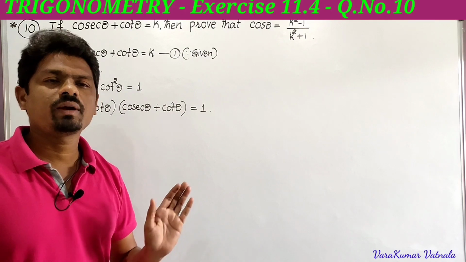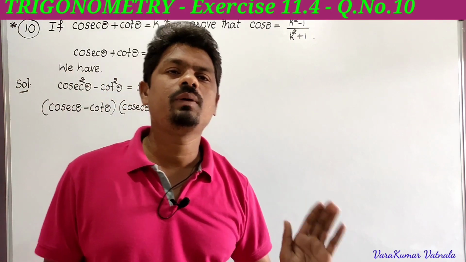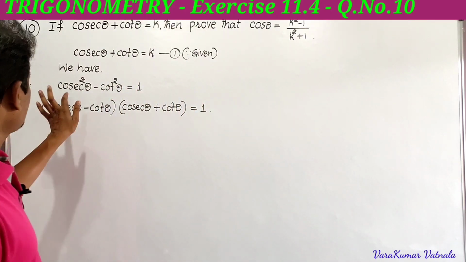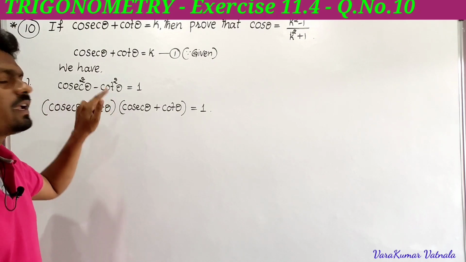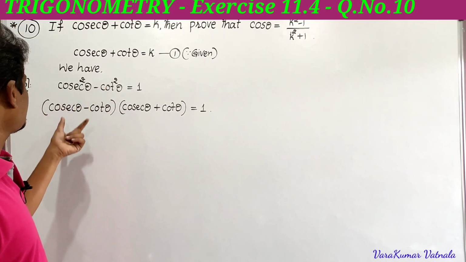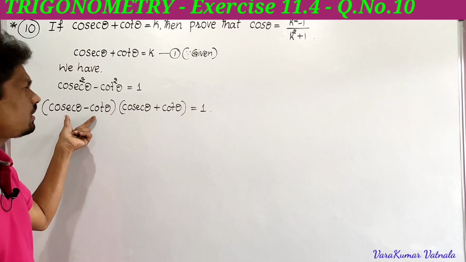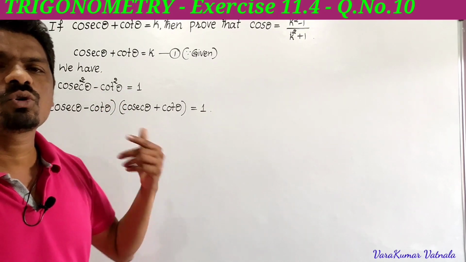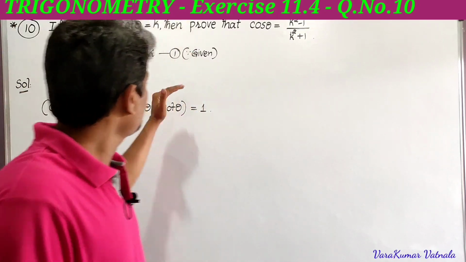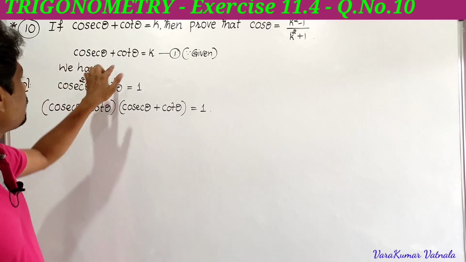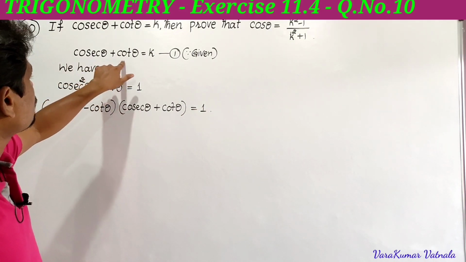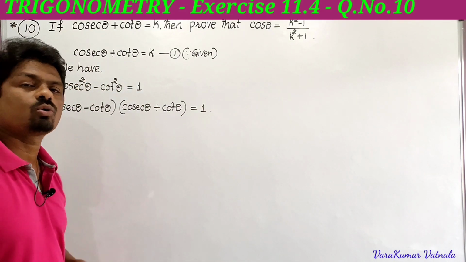So we know a square minus b square equal to a plus b into a minus b. Here a is cosec theta, b is cot theta. So a minus b is cosec theta minus cot theta into a plus b is cosec theta plus cot theta is equal to 1. But from equation 1 we have cosec theta plus cot theta equal to k.